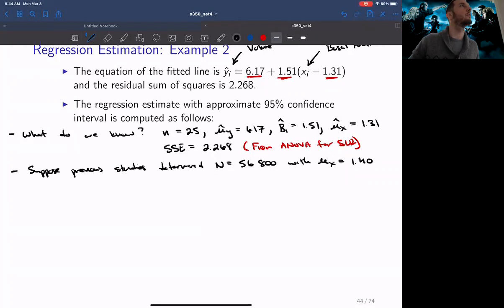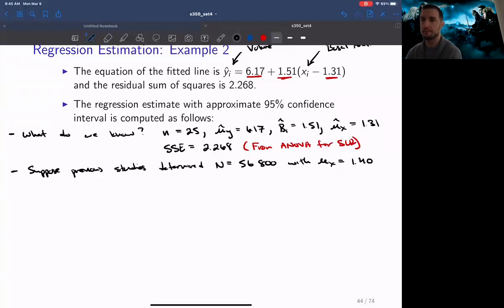Okay, so this is the kind of information, of course, like the population size and the mean of the population, you'd be given this on a quiz.